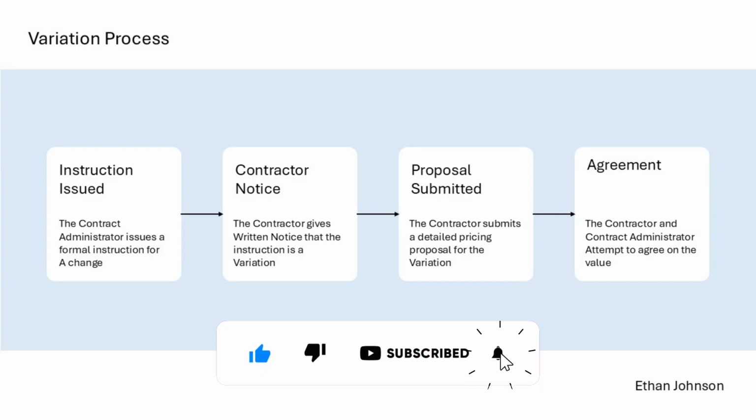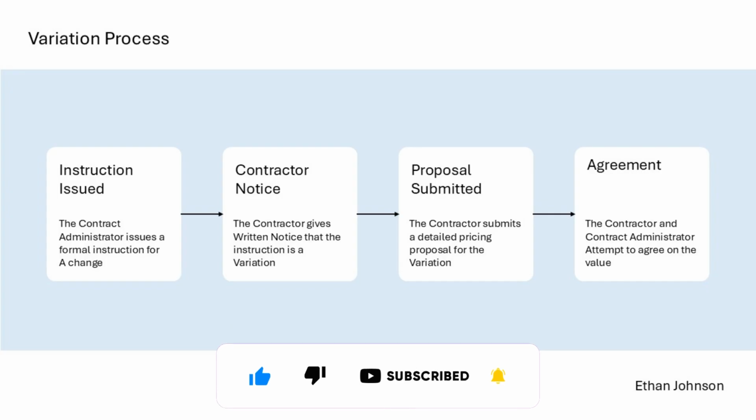Now, if the contractor thinks, hang on, this is a variation, they have to give a formal notice saying so. After that, the contractor puts together and submits a detailed proposal for what it's going to cost. It's only after all that happens that the two sides try to come to an agreement. It's a very deliberate sequence designed to make sure nothing gets missed.